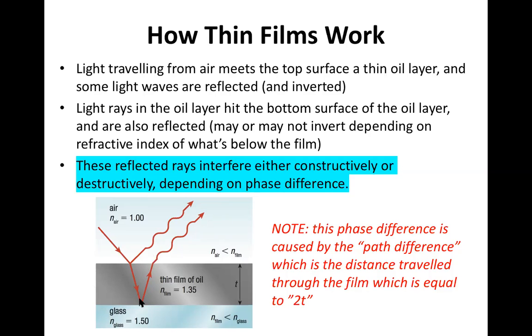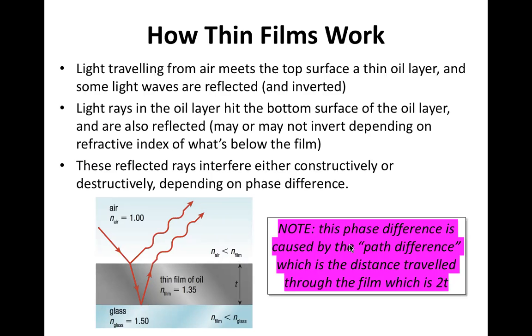If 2t is a specific value compared to the wavelength, then we'll get full constructive interference. If 2t is a specific distance based on the wavelength, it will be destructive interference. And the thickness of the film is either something we're going to solve for or something we're given.